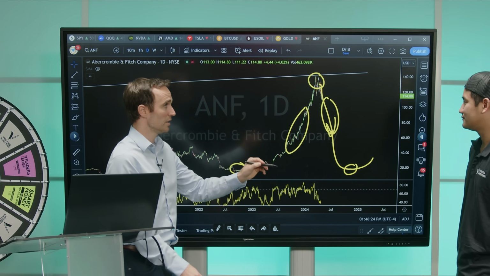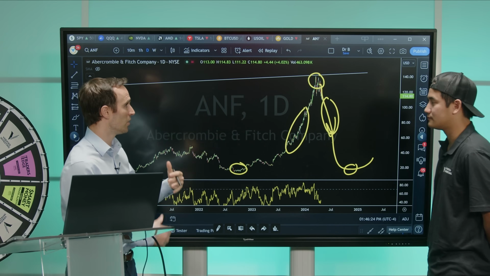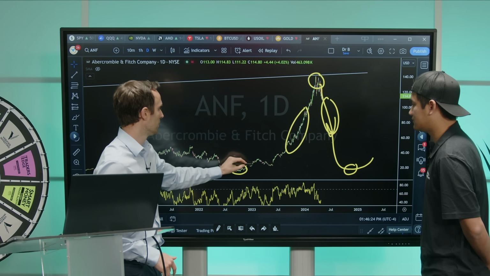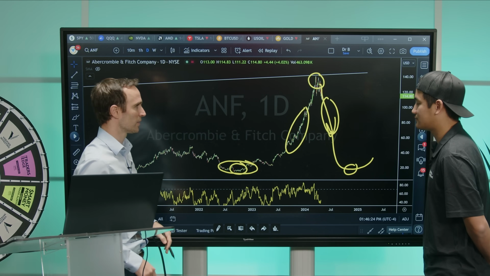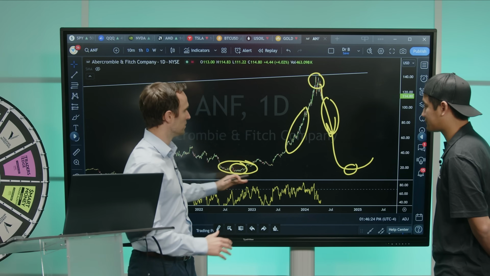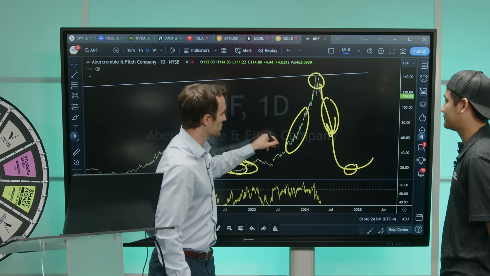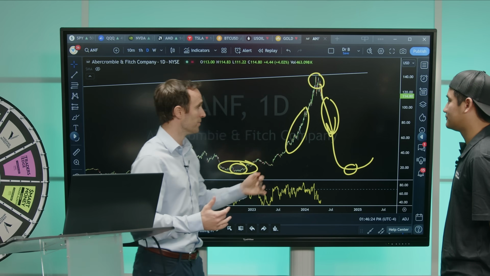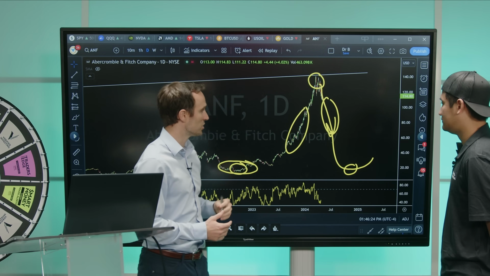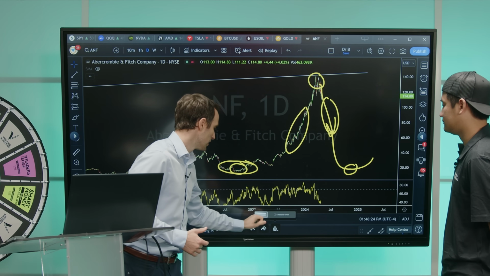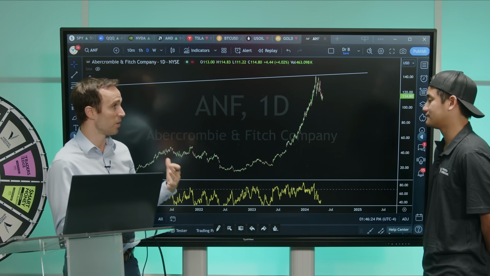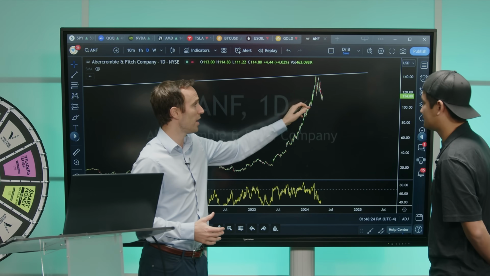So really, the place that you should have been going long on Abercrombie is down in this area, right? The place that you should have been selling or shorting was up here, after the stock had made this huge run, and that was the key. The key to this was understanding market cycles. It was overbought.